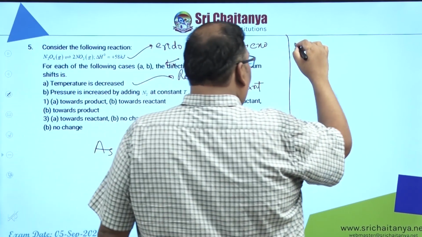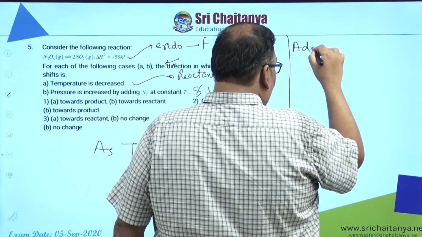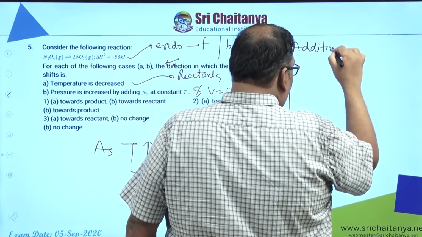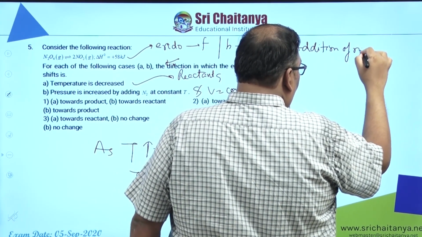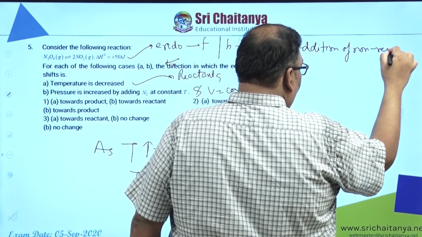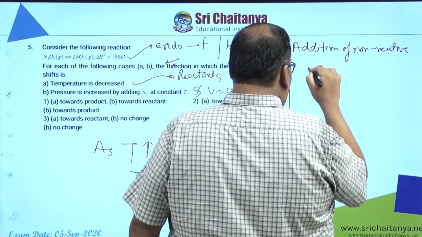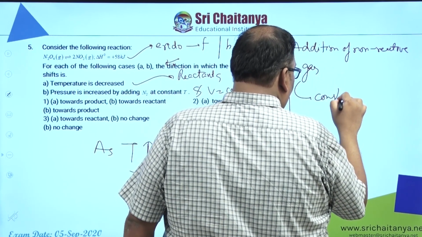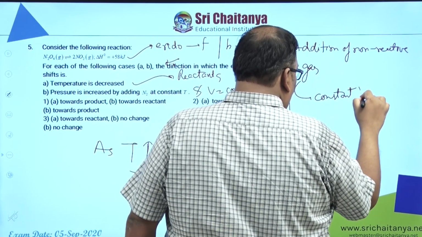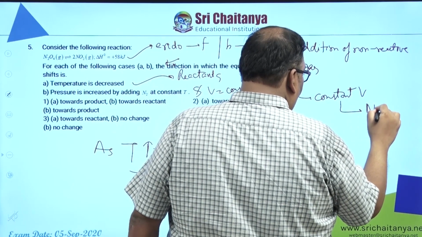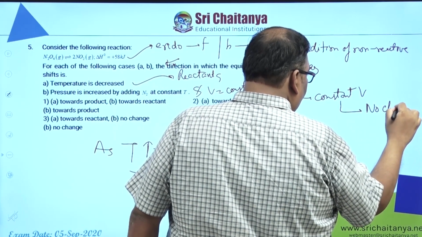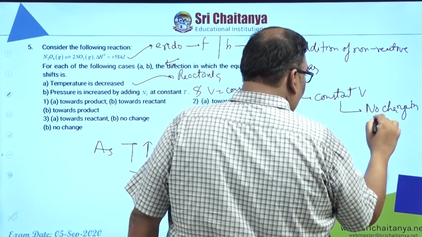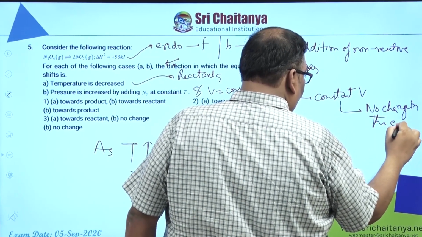So addition of non-reactive gas, okay, at constant volume, there will be no change in the equilibrium.